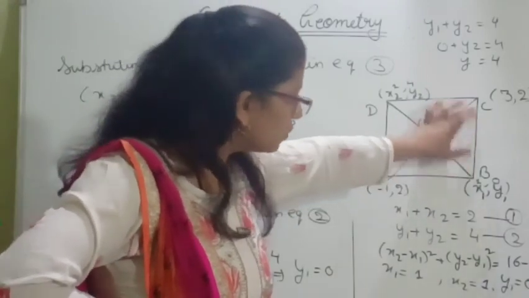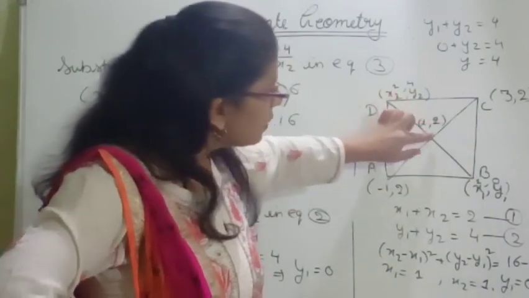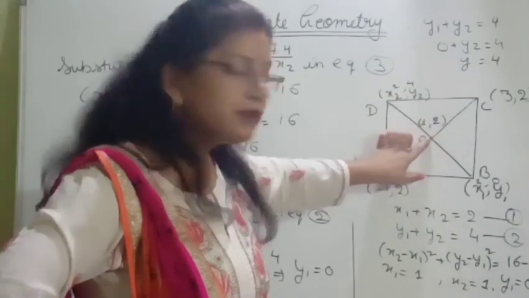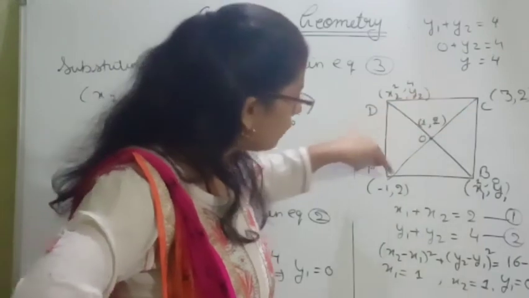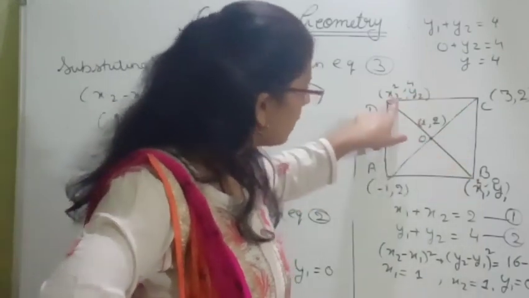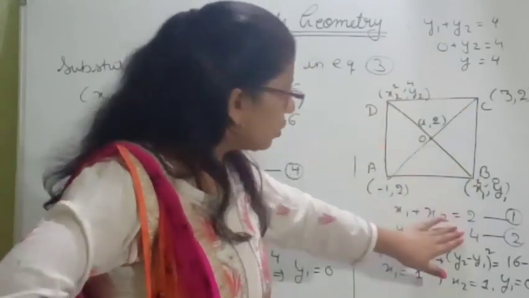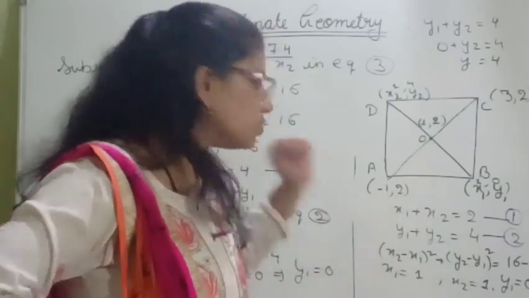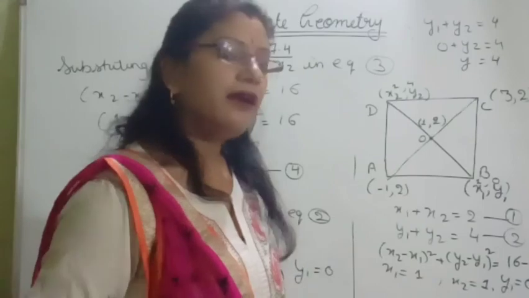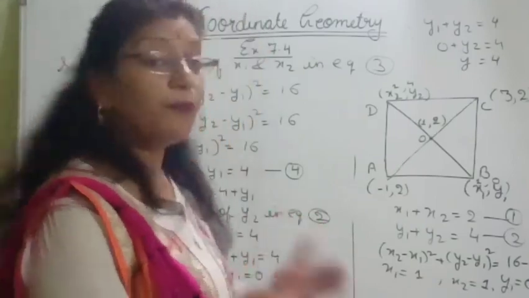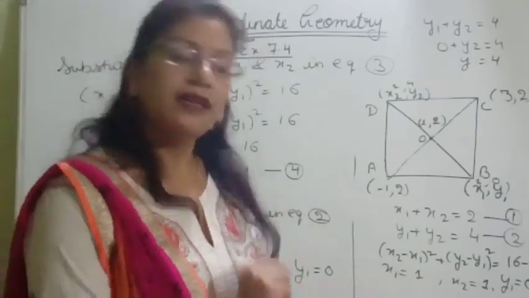And the second thing, the midpoints of the diagonals are the same, so the midpoint will be the same for both. So (x1 + x2)/2 and (y1 + y2)/2 will be the same. You got these two equations. Just use these equations and you will get the values. Substitute one by one, and for this part repeat the video and see the calculation part again.